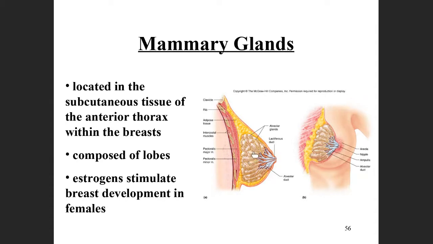Because developmentally, it doesn't look like this. It's more like a duct or tree, so estrogen influence will show that. And then under progesterone, these alveoli become differentiated. And then during pregnancy, prolactin causes these cells to start to produce milk.